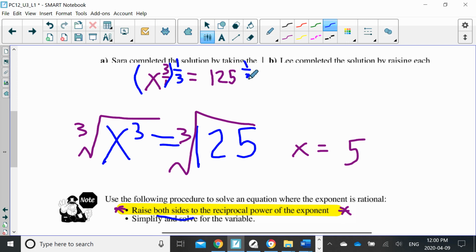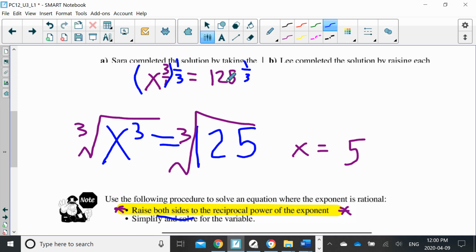You might be saying, why are we raising it to the reciprocal? If you typed in 3 over 1 times 1/3 on your calculator, the answer is 1. When you multiply a number by its reciprocal, you've reduced this to x to the power of 1. We've essentially gotten rid of the exponent.